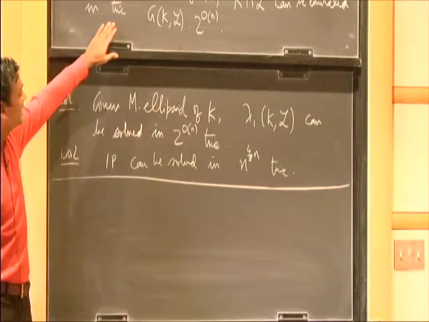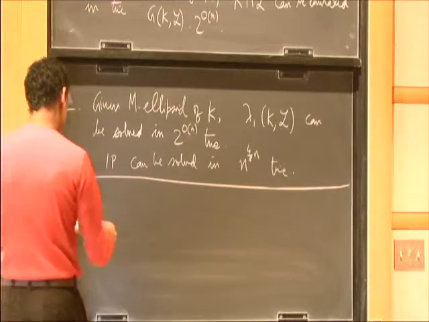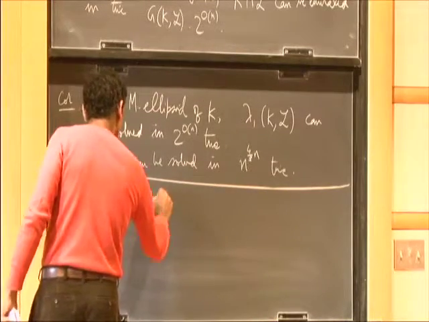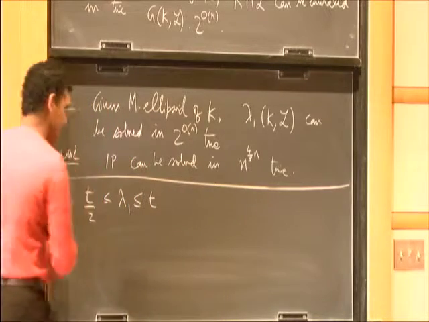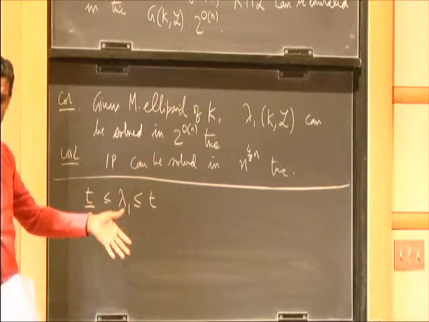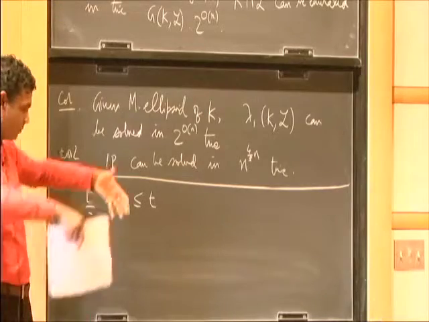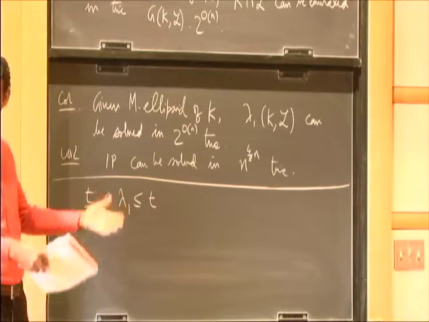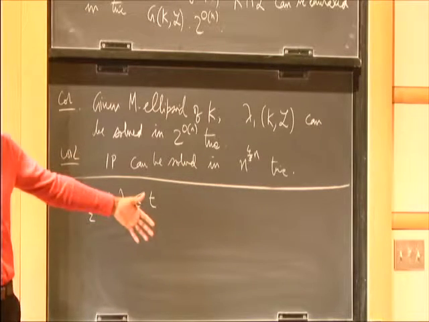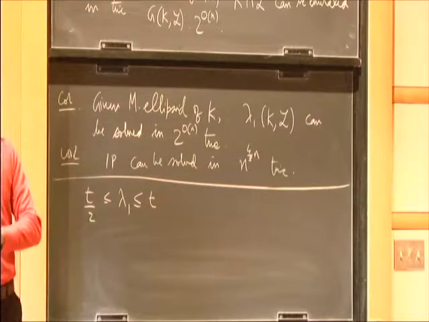Because this is letting you enumerate K intersect L. Okay, so suppose we guess a T so that lambda 1 is less than T and at least T over 2. I'll do this by starting with a very small bound, like what you would get from the ball contained inside K, and then the ball containing K, and then double it till you get at least 1 point. Of course, it's still not clear that when you hit 1 point, you might not hit n to the n points. So that's the only thing I need to prove, that when you do hit 1 point, you hit only 2 to the order n points.